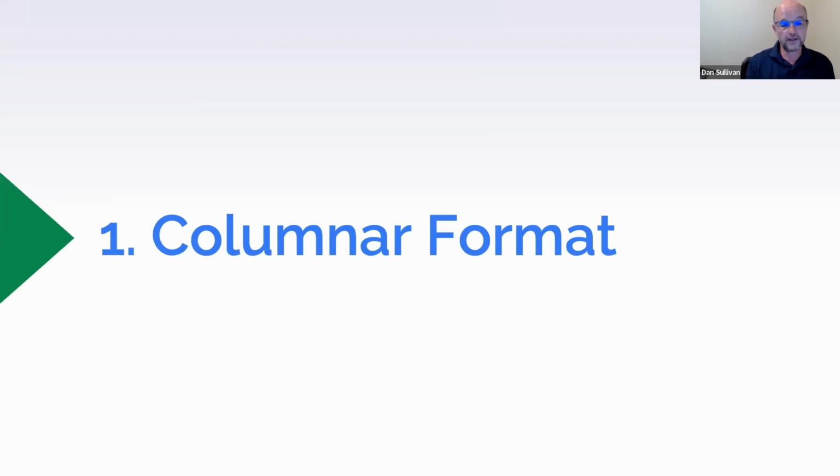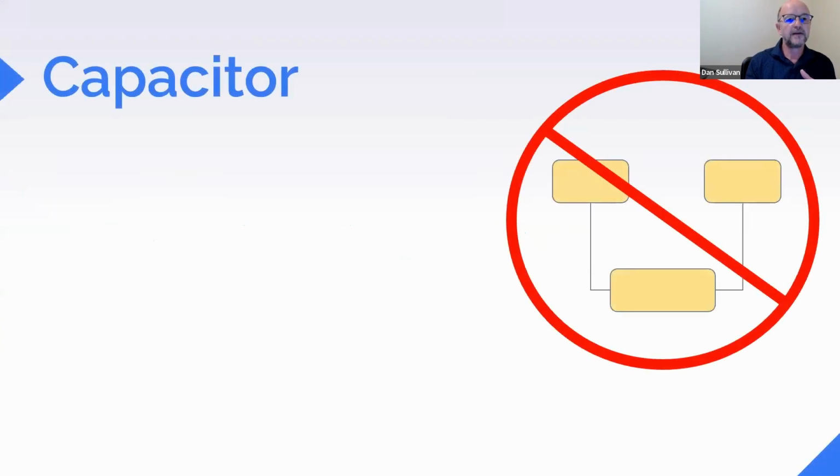So one of the things we want to keep in mind is that BigQuery uses a columnar format, and basically what that means is when it stores data, it stores it in a column orientation.